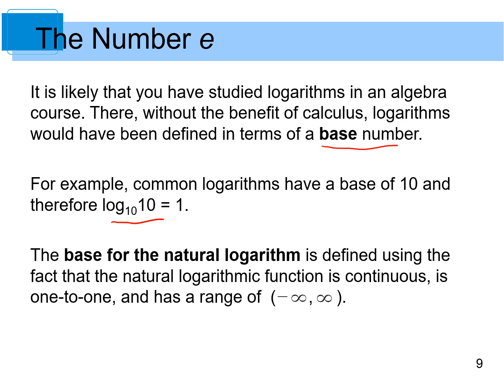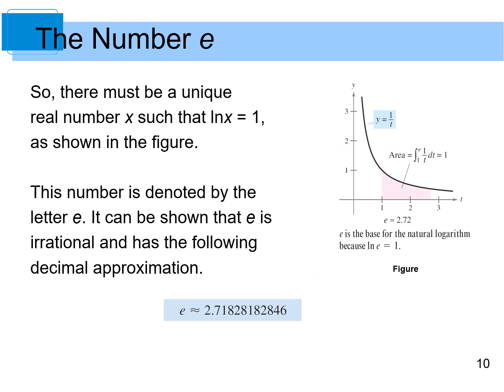Now, in the case of a natural logarithm, its base is defined using the fact that the natural logarithmic function is continuous, it is one-to-one, and it has a range of negative to positive infinity. Given the properties mentioned, there must be some unique real number x satisfying this equation.